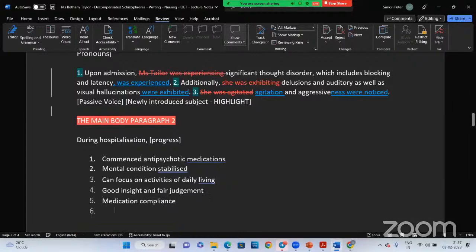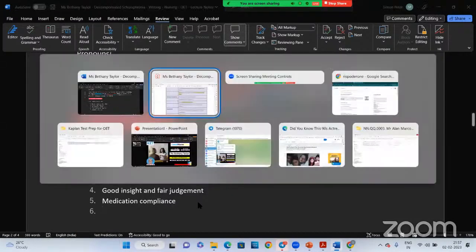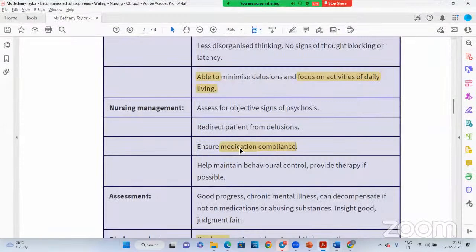Right. The next one. Medication compliance. Then in addition to that, behavioral control and therapy were given. Behavior control and therapy have been provided. It's okay.